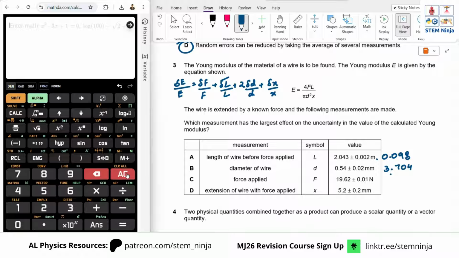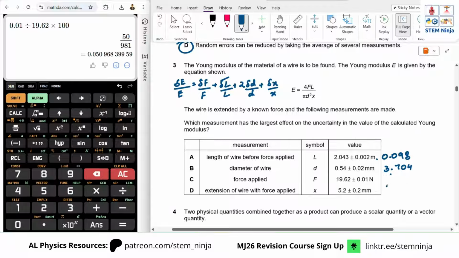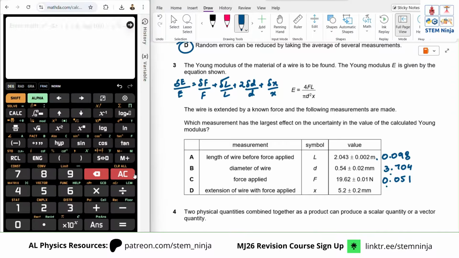And this one, 0.01 divided by 19.62, times by 100. This is going to be 0.0501. Sorry, I think we can just say 0.05. And for this one, 0.2 divided by 5.2, times by 100. This is 3.8%.